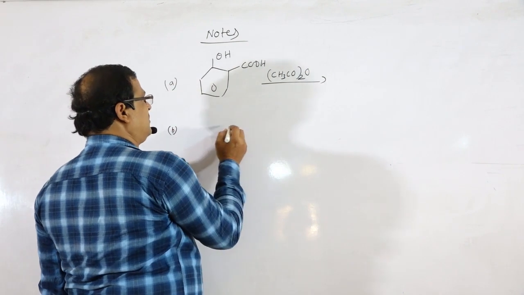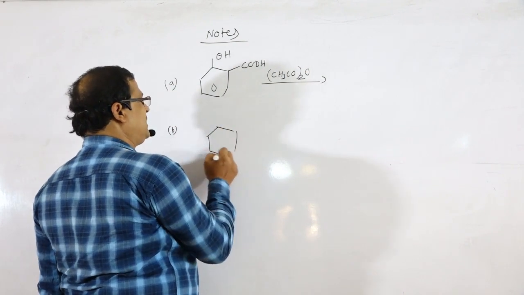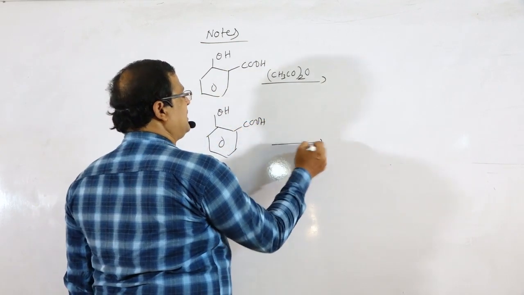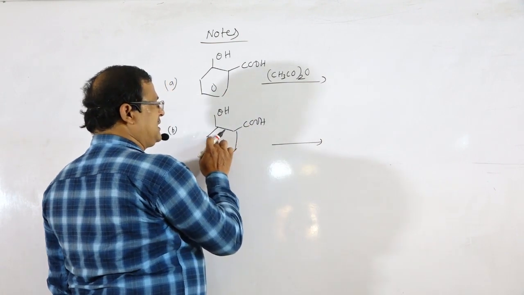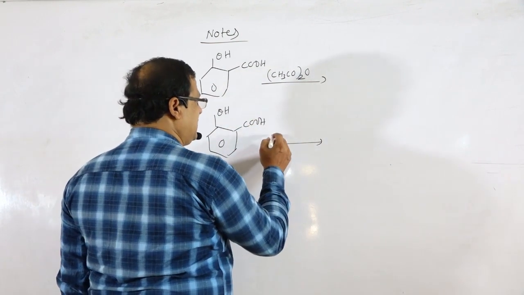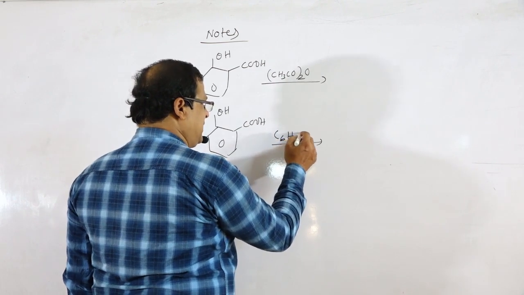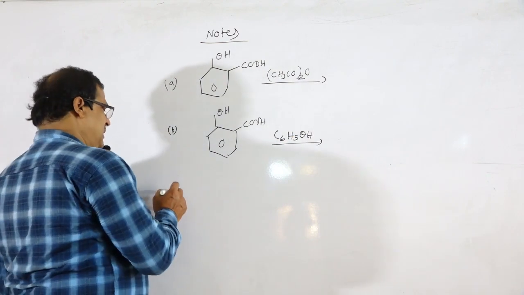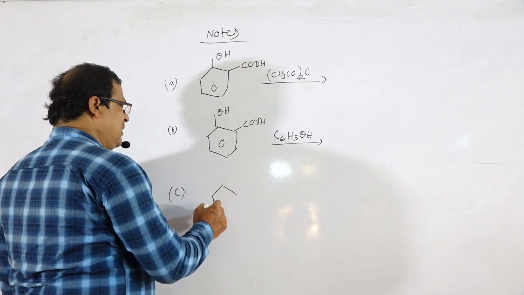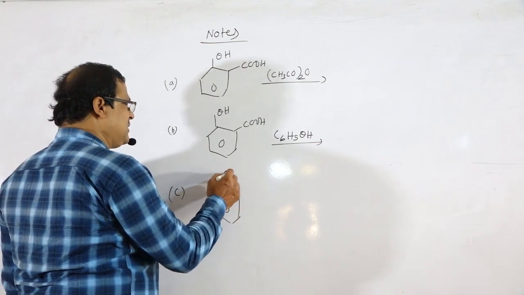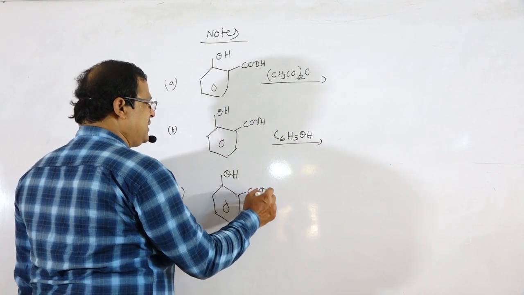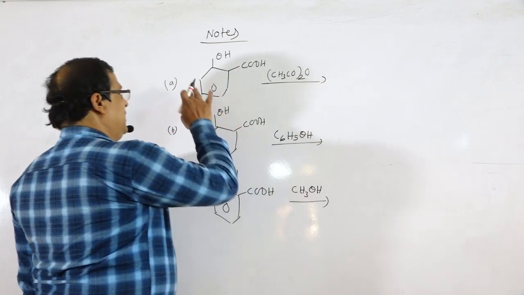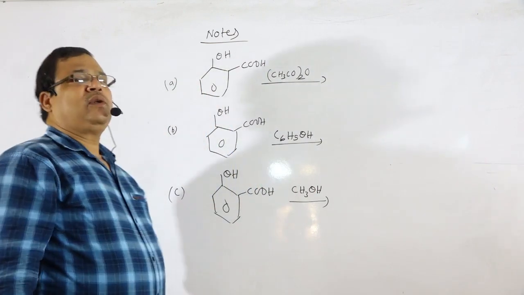Next, salicylic acid is treated with phenol, C6H5OH. What will happen? And next one, it is treated with methyl alcohol. These are the three important reactions of ortho-hydroxybenzoic acid.